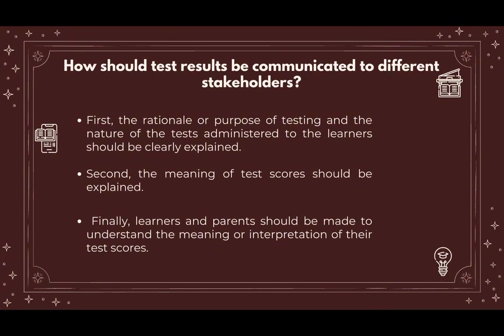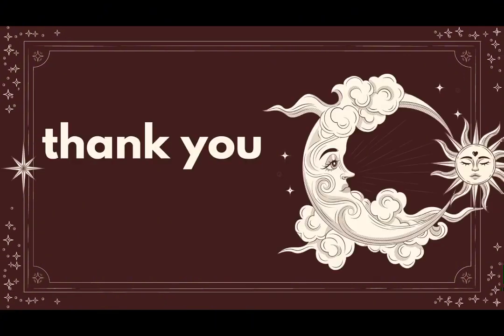And then lastly, students and parents need to understand what the scores mean for students' performance. Teachers can explain how students are doing in comparison to their peers and identify areas where they are doing well or may need improvement. Okay, so that's the end of my presentation.